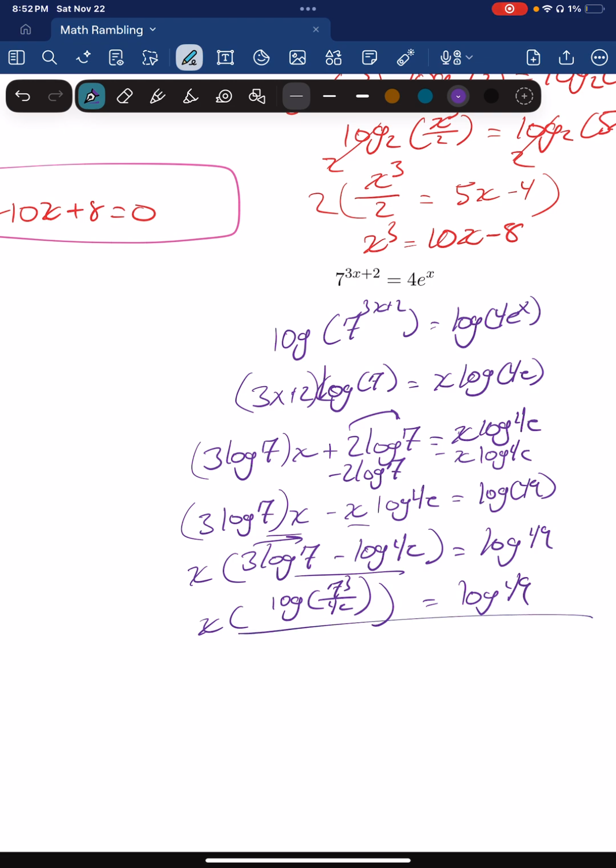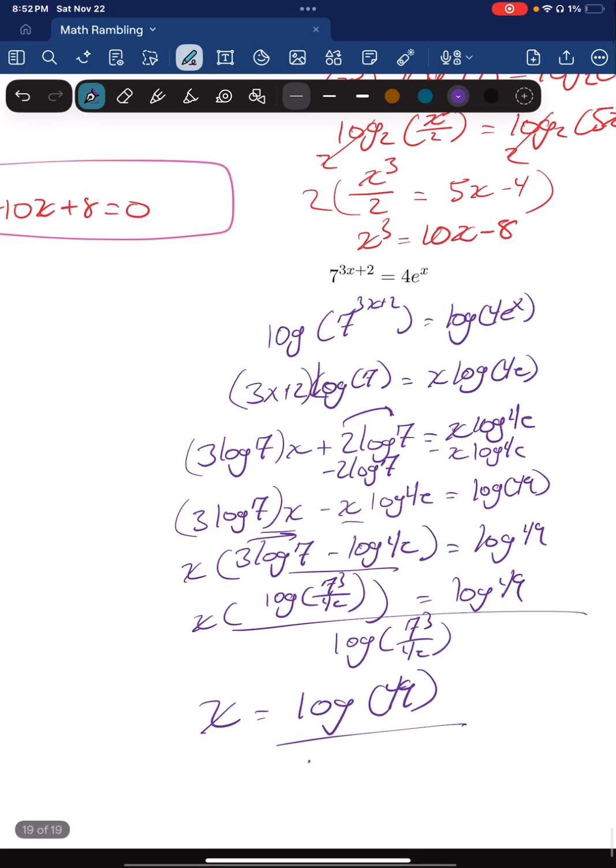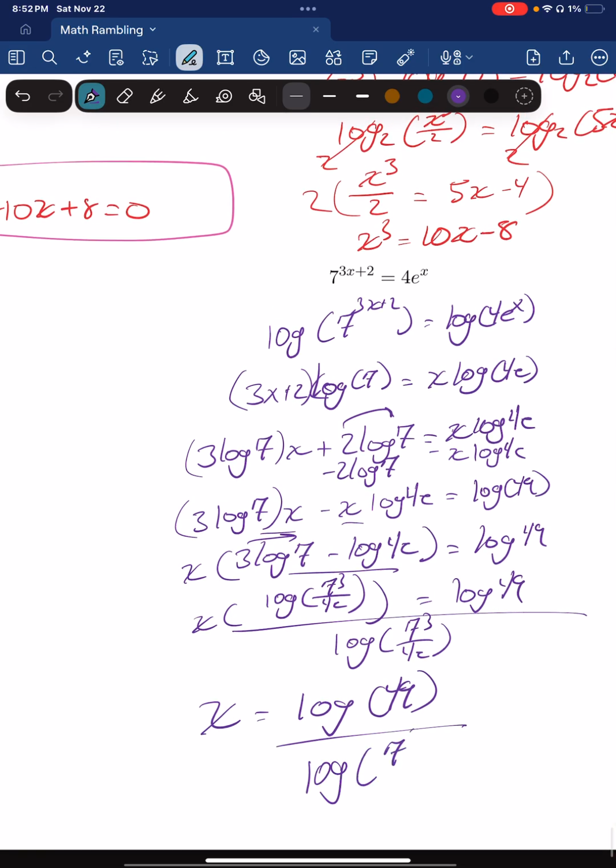I'm going to divide by log of 7 cubed over 4e on both sides to get x equals log 49 over log of 7 cubed over 4e. Done and dusted. Awesome sauce.